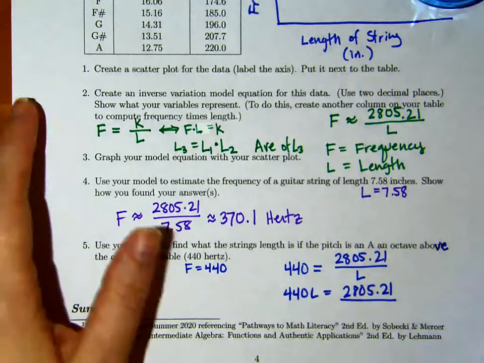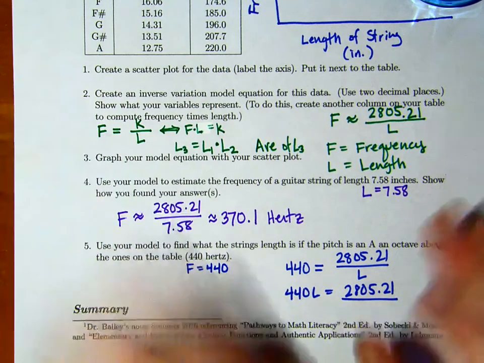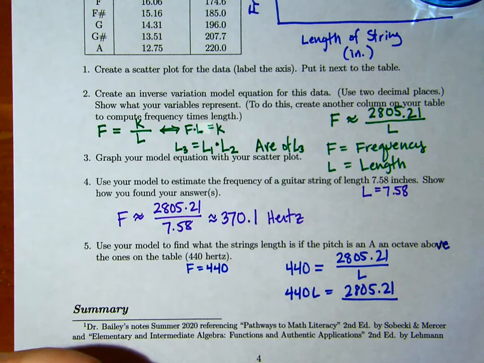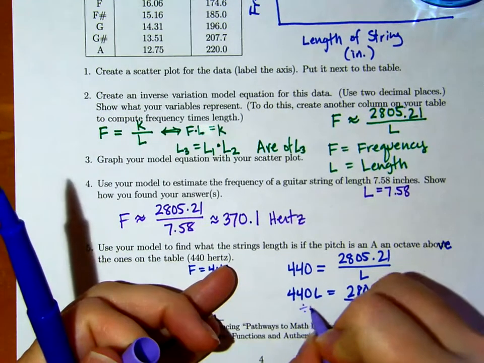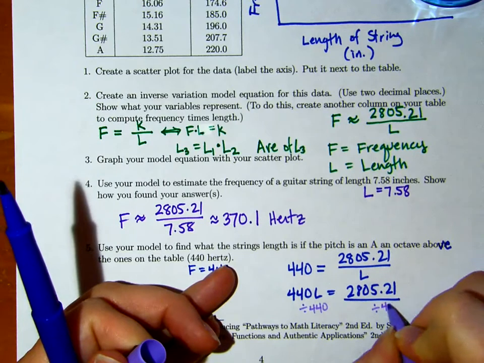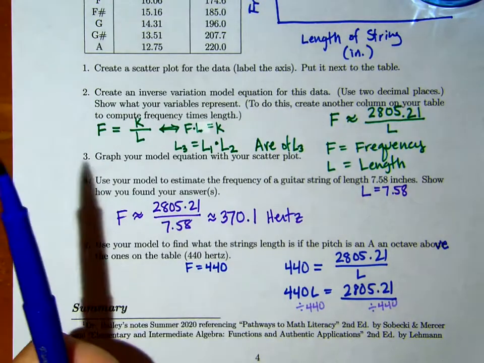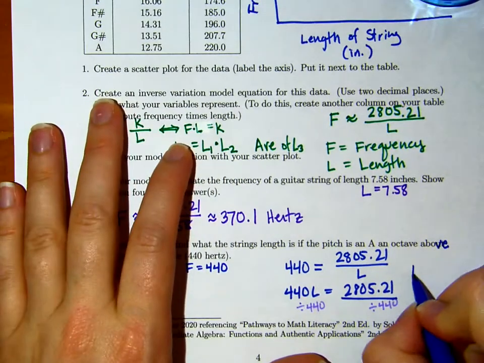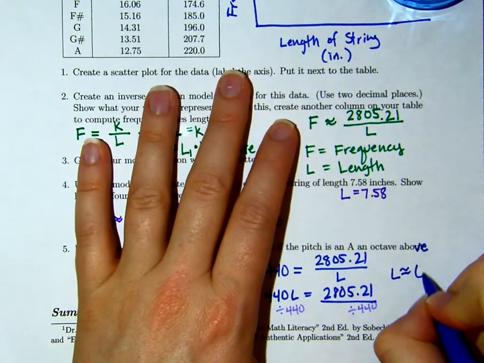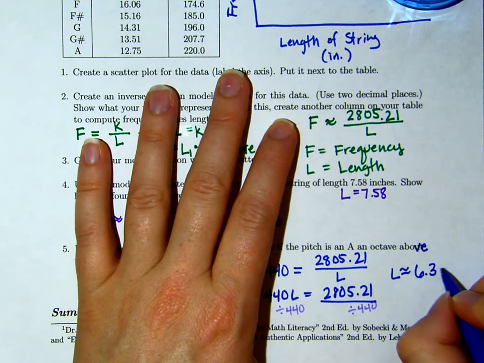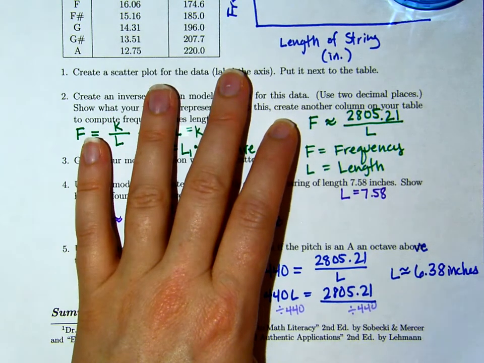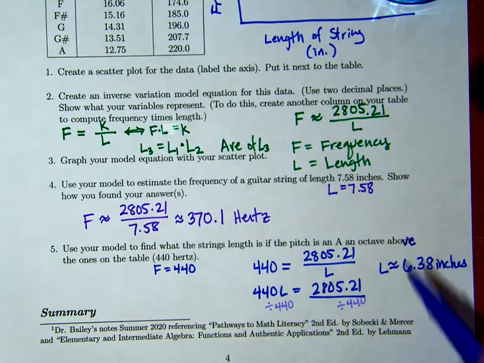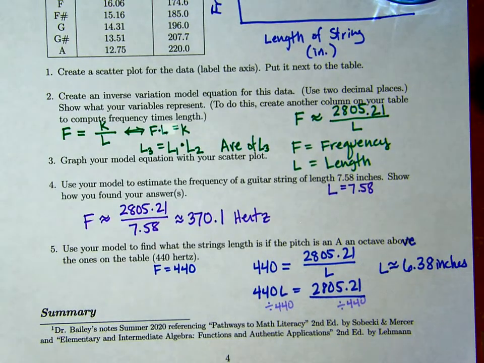So we scale down by 440, and then we will see our length, how many times it went into there. 2,805.21 divided by 440, and we get L is approximately 6.38 inches long. So if it has a higher pitch, it's shorter in length.